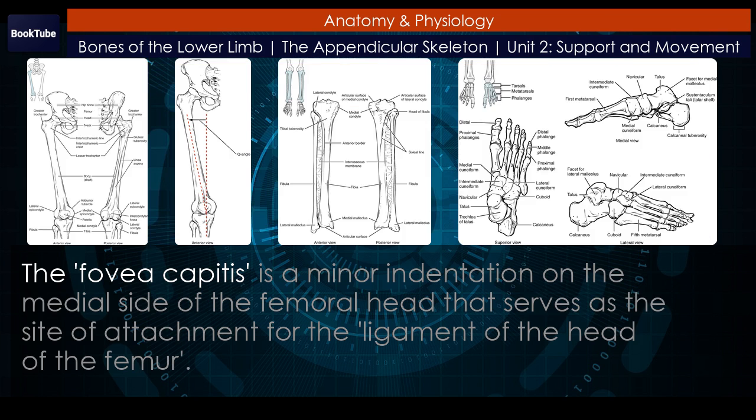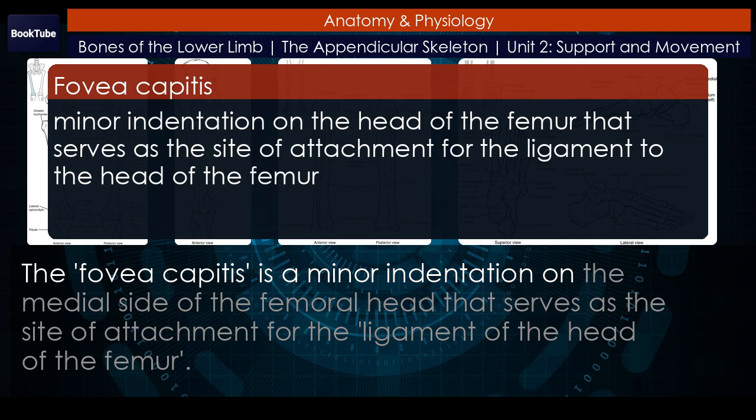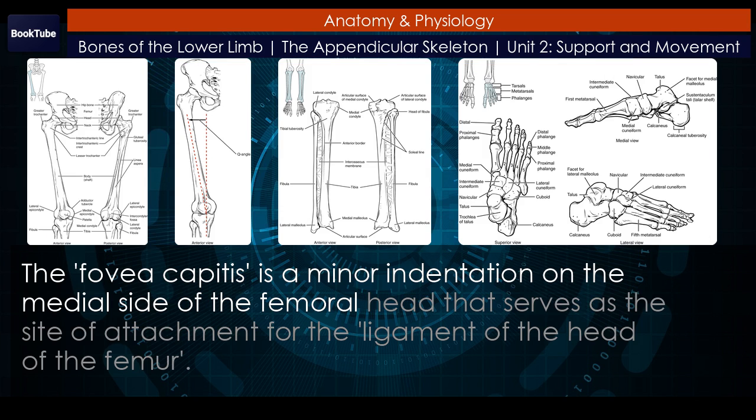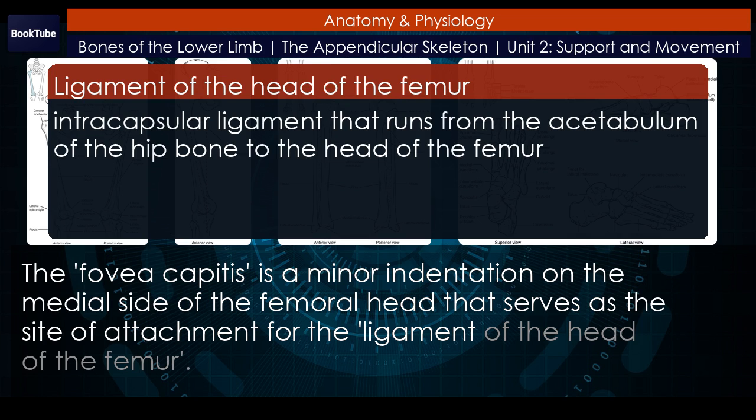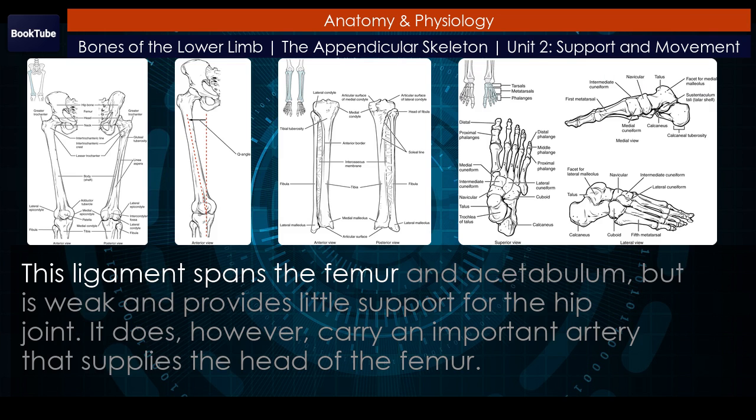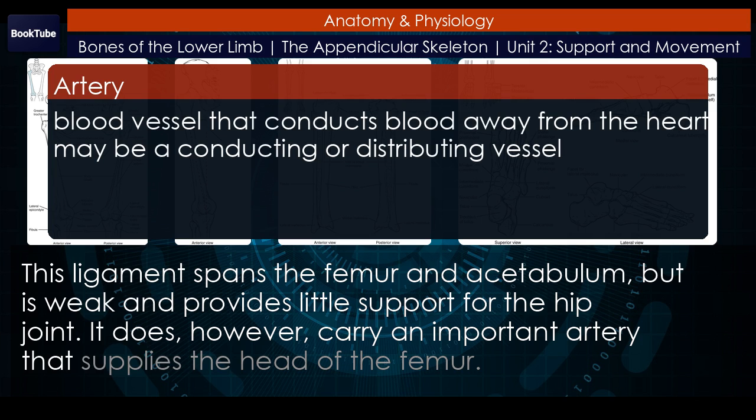The fovea capitis is a minor indentation on the medial side of the femoral head that serves as the site of attachment for the ligament of the head of the femur. This ligament spans the femur and acetabulum, but is weak and provides little support for the hip joint. It does, however, carry an important artery that supplies the head of the femur.